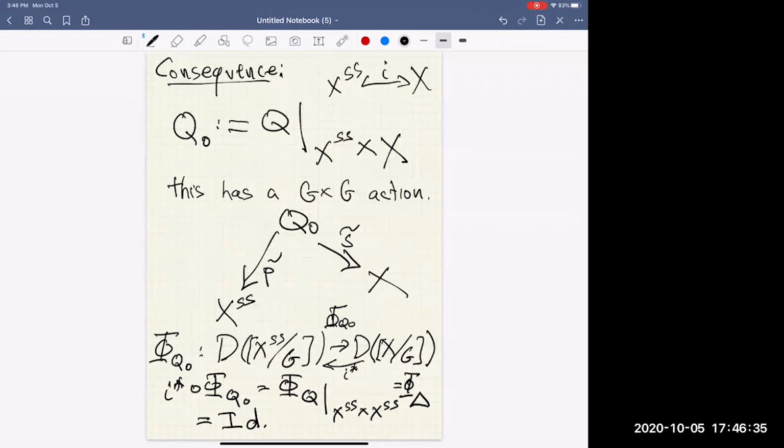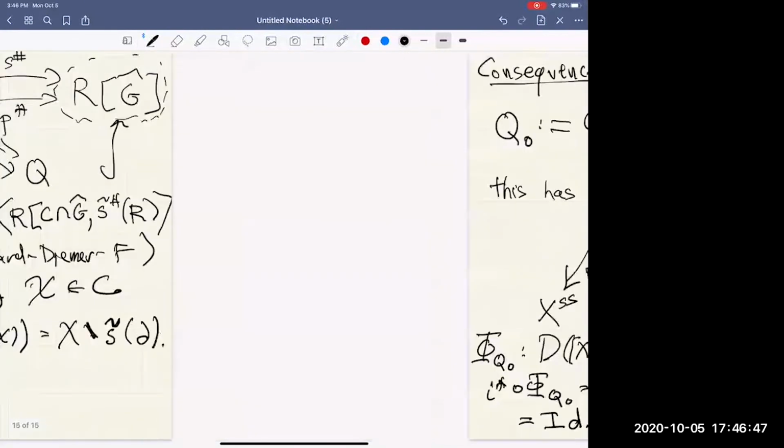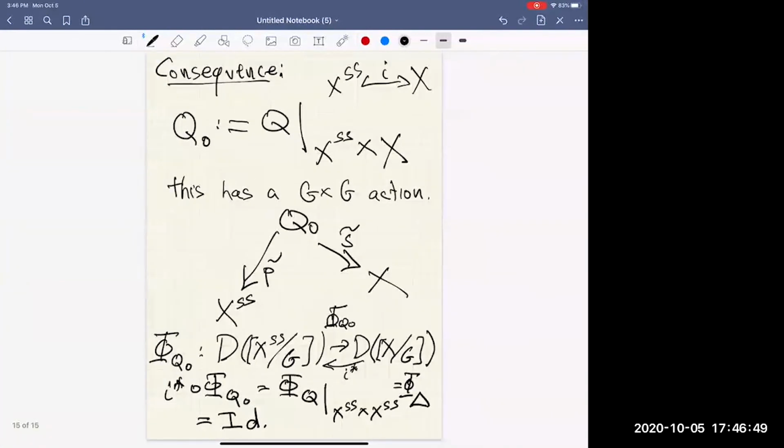David, I don't quite see. I guess the equivariant diagonal is just X times G. Isn't it the case? Yes. But you say it is Q. No, after restricting, right? So Q. Sorry, after I compose with the pullback. After I restrict Q, I'm just saying that Q is the diagonal off of the semi-stable locus.